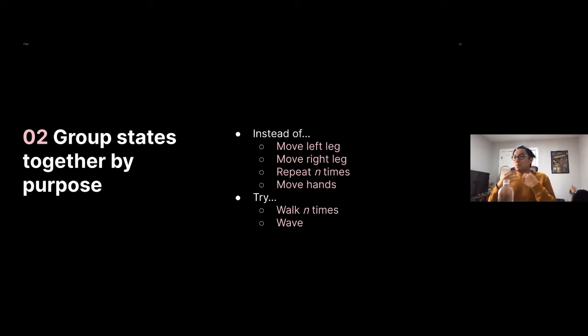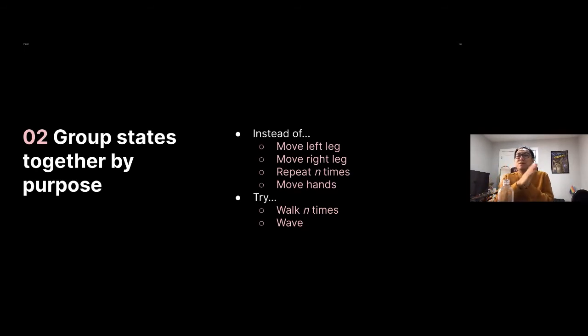So make states like walk, and have the programming logic go inside the programming language. Program walk inside your endpoint. Then you can call that n times to walk n times. Program something called wave. And then you call that state wave, instead of making endpoints to move left leg, right leg, and then repeating that n times.